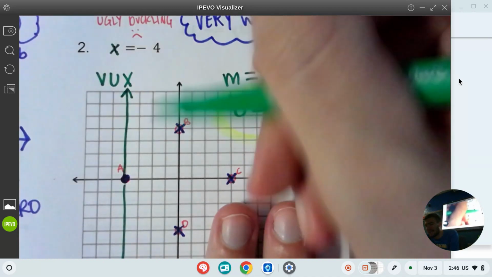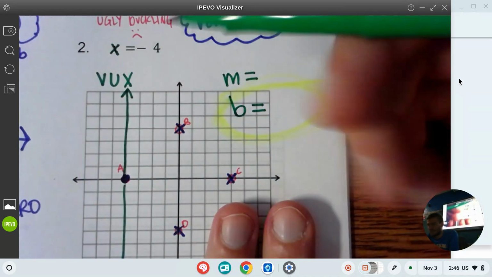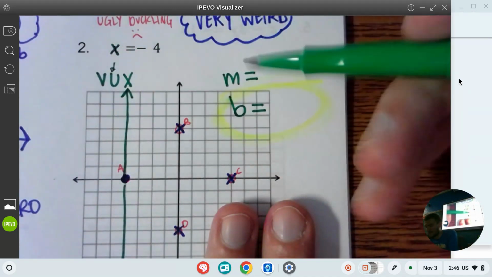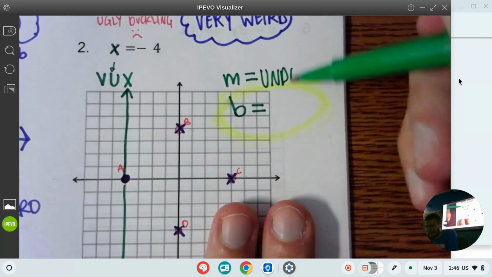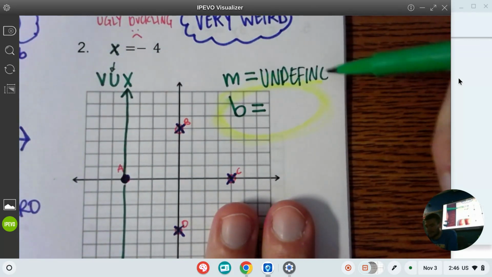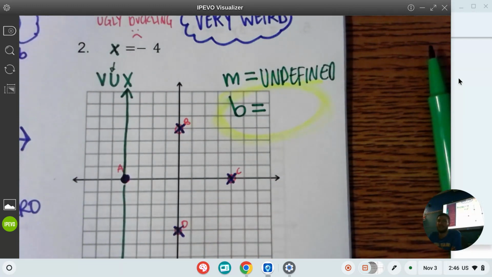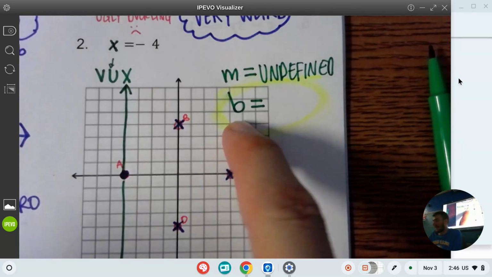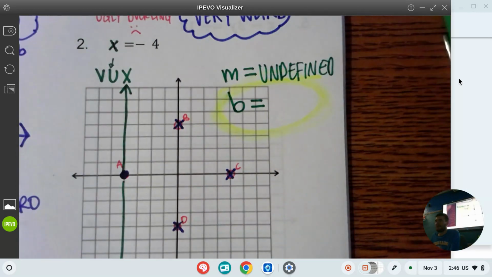What is the M of a vertical line? It's what the U stands for. Undefined. It is undefined. That's something that we've done a lot. We've seen quite a few questions here, but it is not -4. So be careful here. We have the B, and what does B stand for? -4.